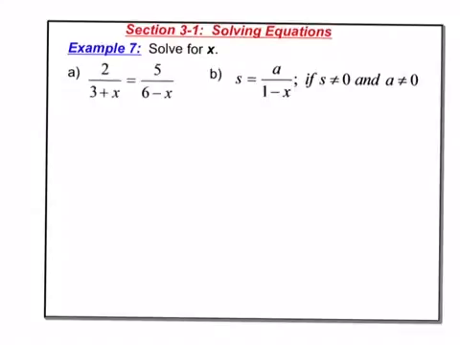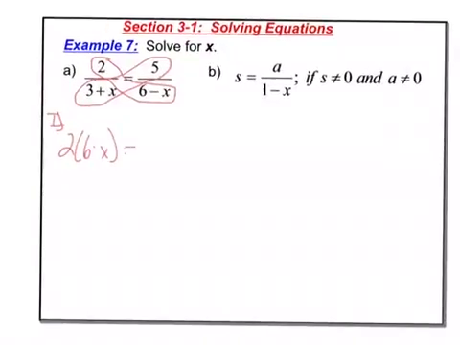The first way that we've always talked about solving a problem where you have one fraction equal to another is that you can cross multiply the quantities. So you can do 2 times 6 minus x, and that's going to equal 5 times the quantity 3 plus x.